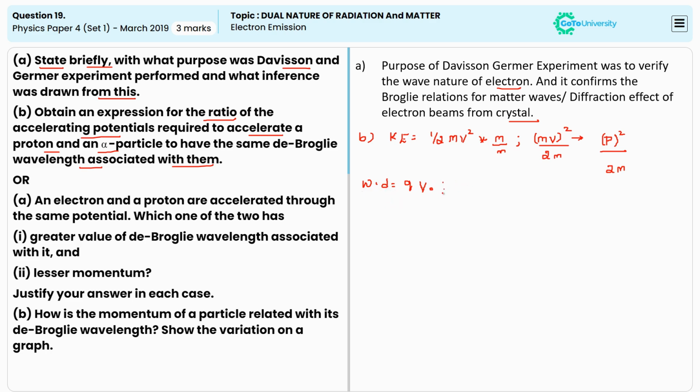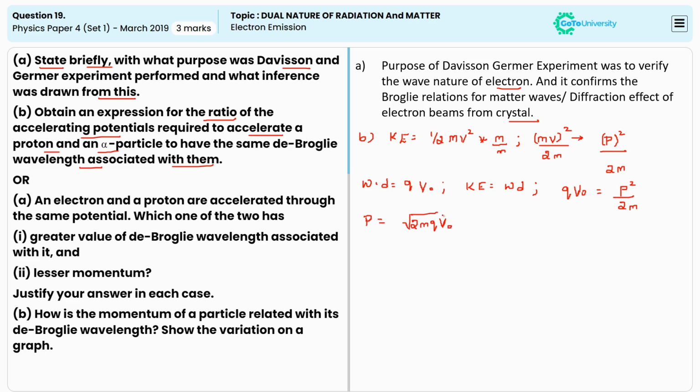Then we can write Q into V0 is equal to p square divided by 2m, and p is equal to under root of 2m Q V0.